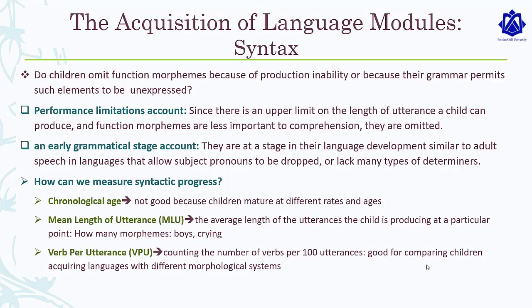And what they do is they count the number of verbs per 100 utterances in order to arrive at verb per utterance. So therefore, a measurement that does not include morphological system specifics and would be used for all languages for comparing children acquiring different languages is verb per utterance, VPU, verb per utterance.